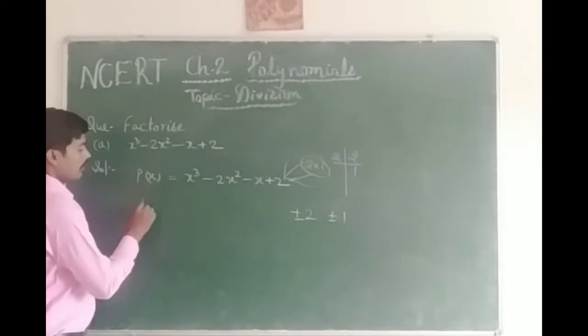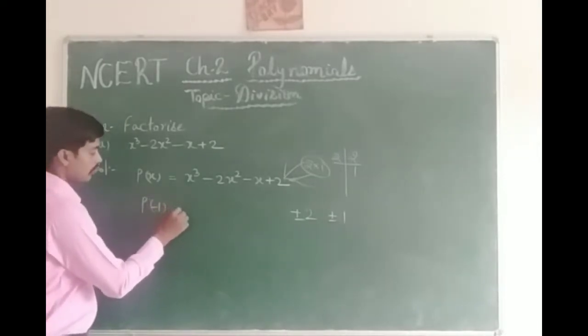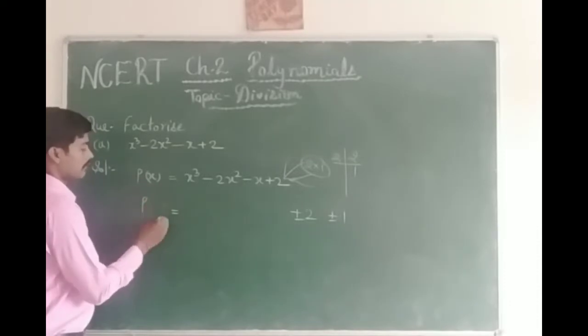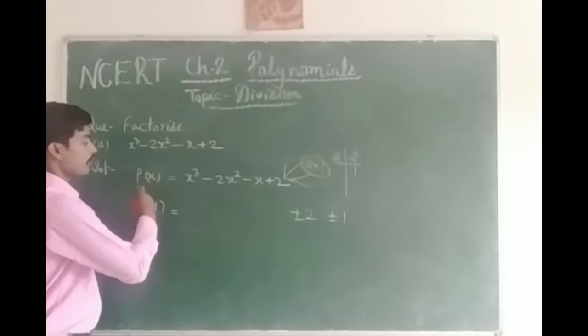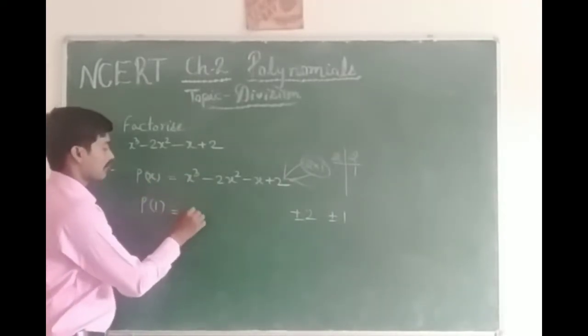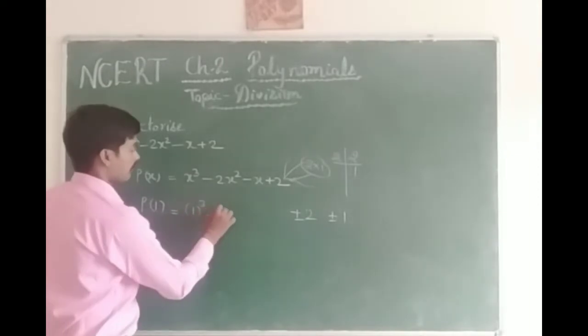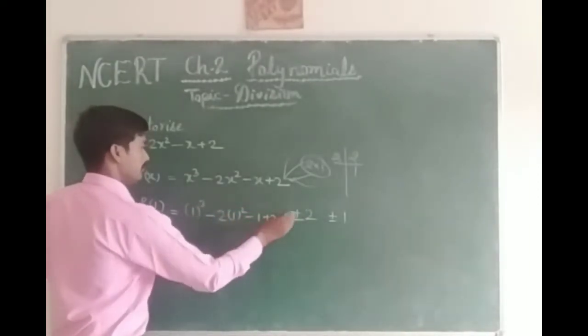Firstly we check plus 1. So put plus 1 at all the places of x. X के place पे हमने 1 को put करा. So 1 square minus 1 plus 2.